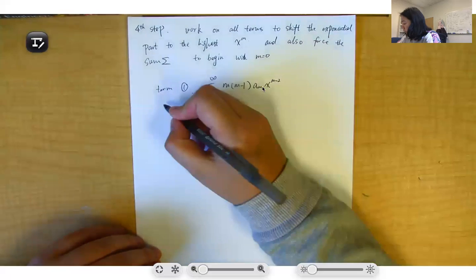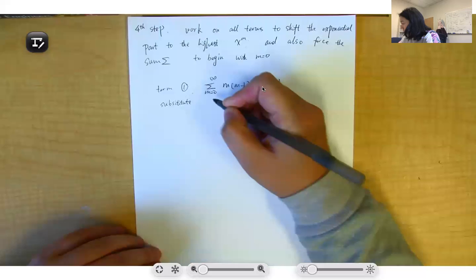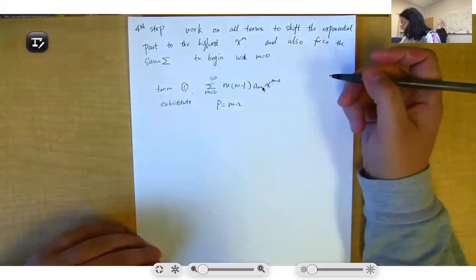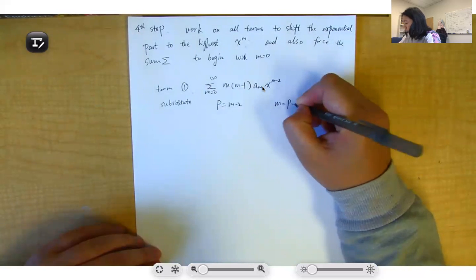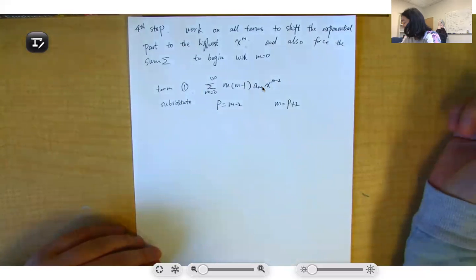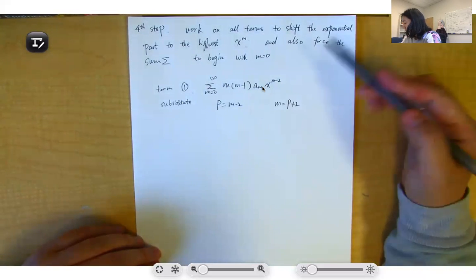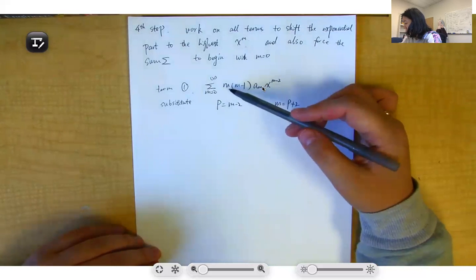We can substitute p equals to m minus 2. Then that means m will be equals to p plus 2. Okay, we will replace the m minus 2 with p.